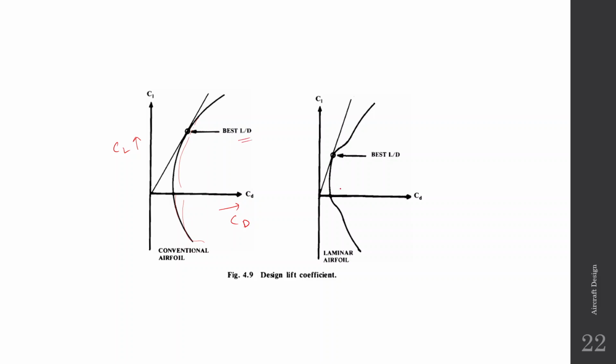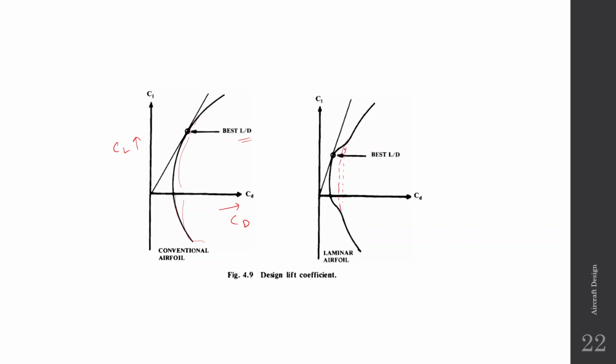Now in case of laminar airfoil, this is specifically designed to reduce drag. And what happens is that for some portion of CL, your CD is even lower than a conventional aerofoil. So for a conventional aerofoil, you might have a graph like this, the dotted lines I have indicated.